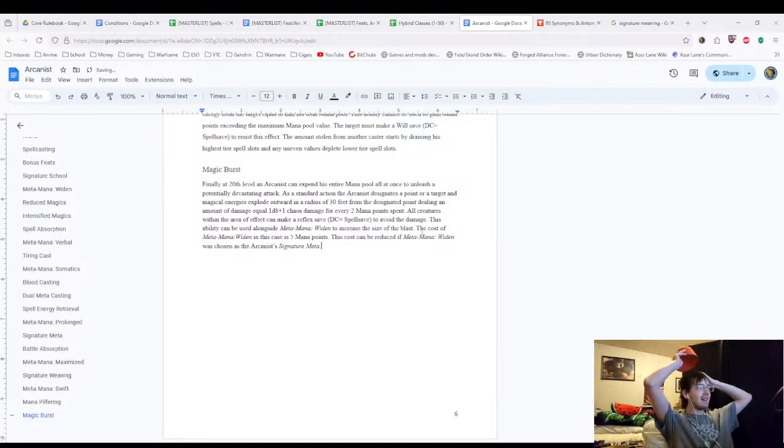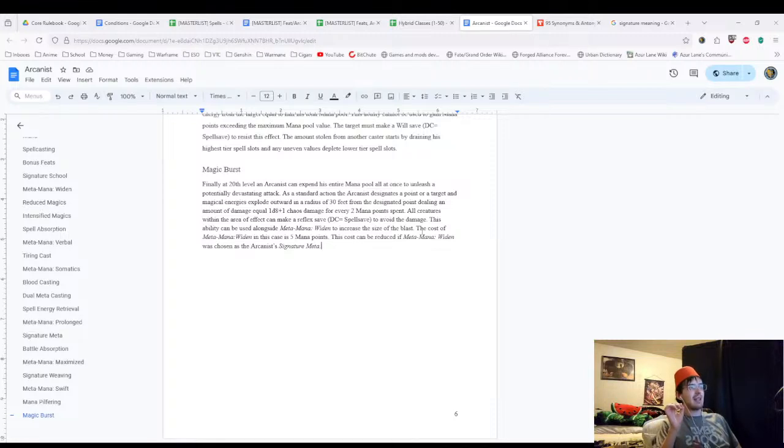So finally, at 20th level, an Arcanist can expend his entire mana pool all at once to unleash a potentially devastating attack. As a standard action, the Arcanist designates a point or target, and magical energies explode outward in a radius of 30 feet from the designated point, dealing 1d8 chaos damage for every 2 mana points spent.